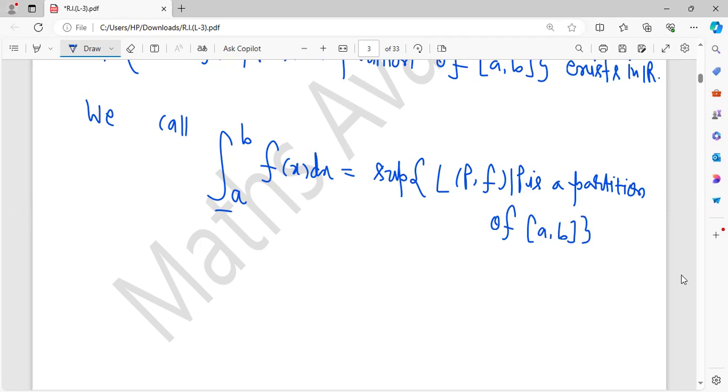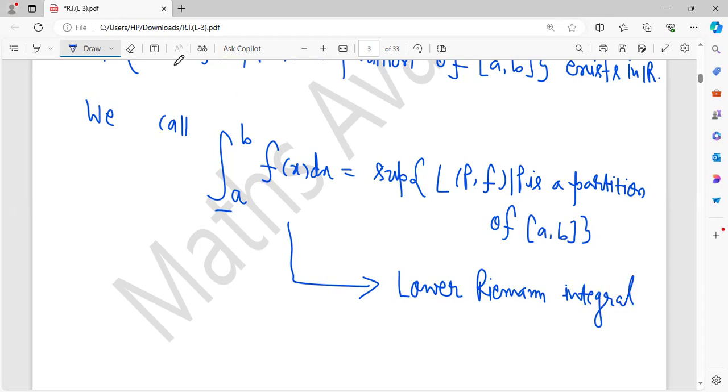We call it the lower Riemann integral, or just the lower integral.